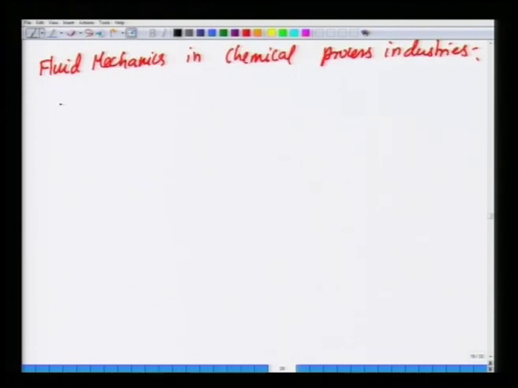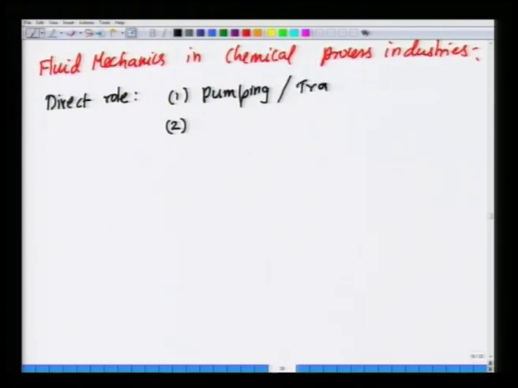It can come in various forms. So, there are some cases in which the role of fluid mechanics is direct, as in the case of pumping of fluids, which is there in all process industries. Secondly, you have flow measurement.